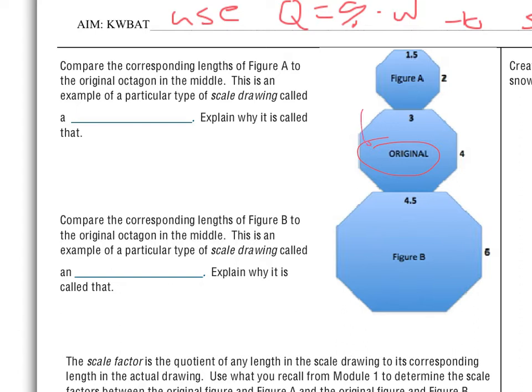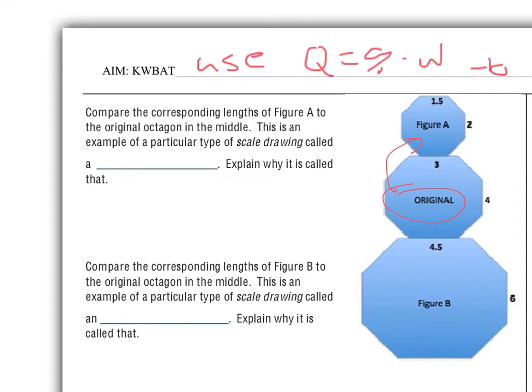So if we're going from the original to figure A, and we're making this scale drawing, we often would call this a reduction. And this comes from the root word of reduce, which we know means to get smaller. So why would we call this a reduction? Well, to reduce means to make something smaller. So in this particular case, it's a reduction because the figure is made smaller.